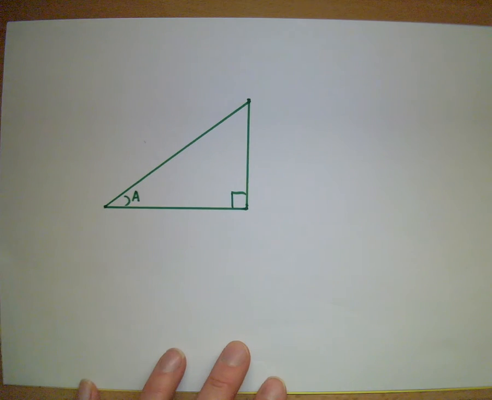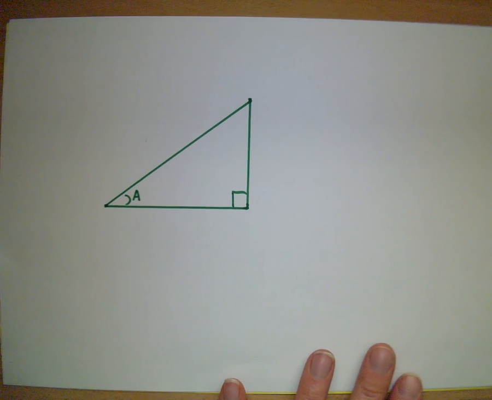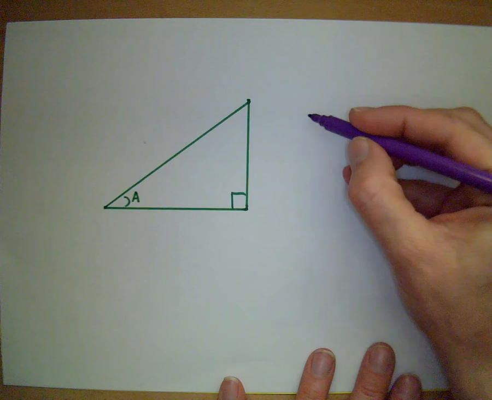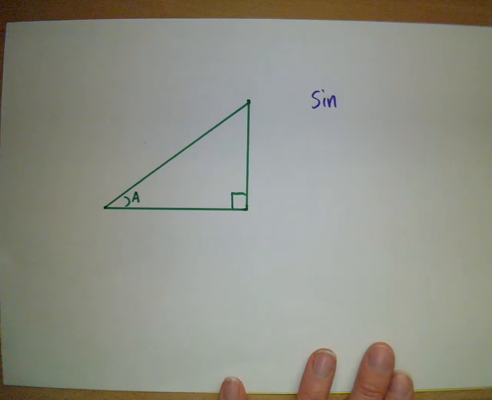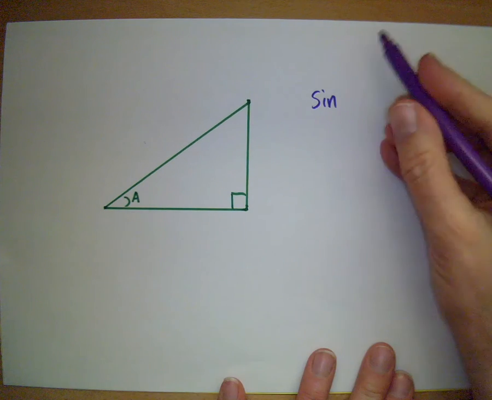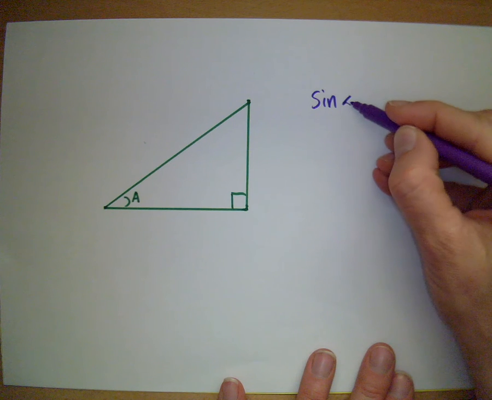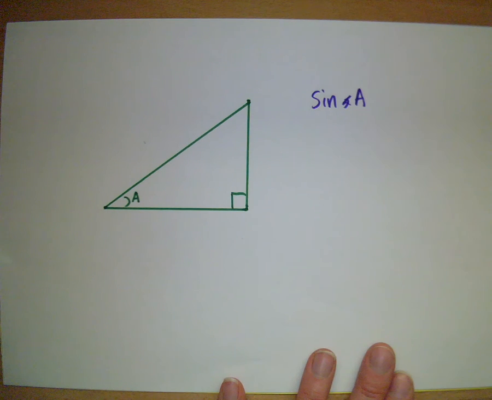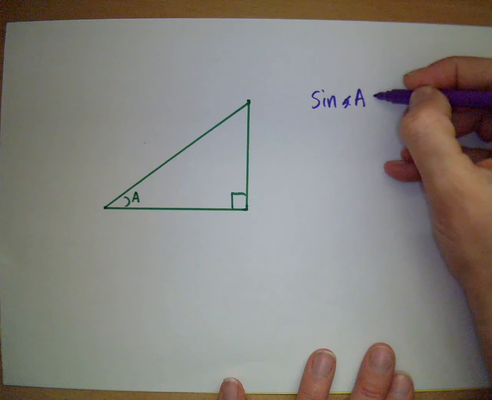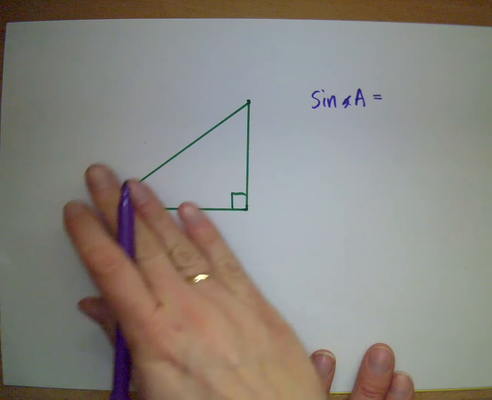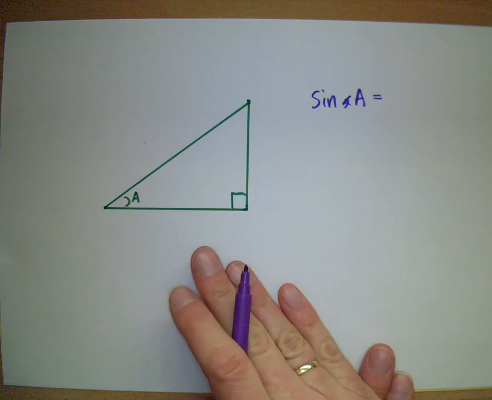Then another thing you know but haven't worked with all that much is sine. This is angle A. Sine of angle A is the proportion between two of the sides.